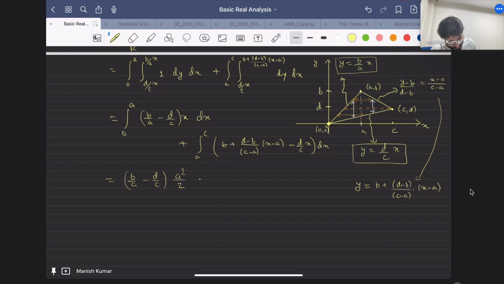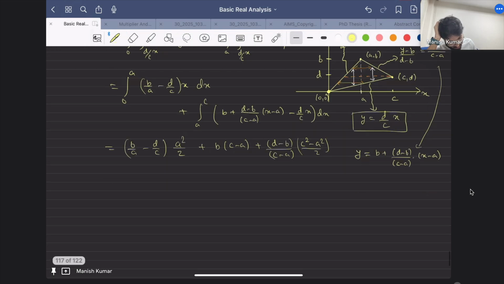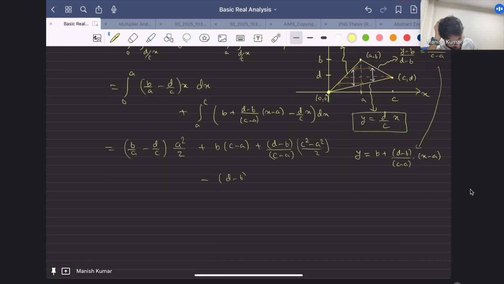Here it is b times (c minus a), plus (d minus b upon c minus a) times (c square minus a square) by 2, minus (d minus b upon c minus a) into a times (c minus a), minus d by c times (c square minus a square) by 2.